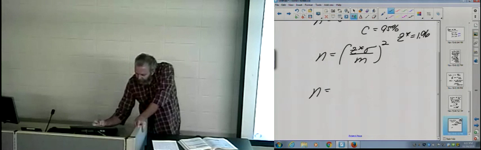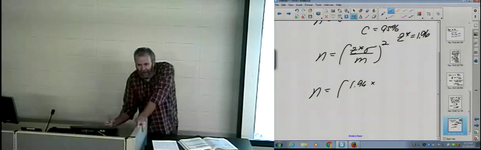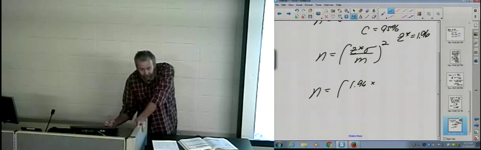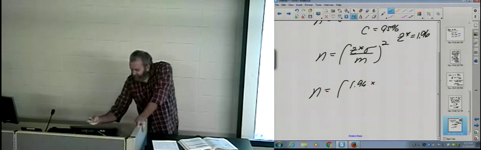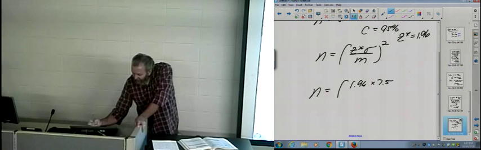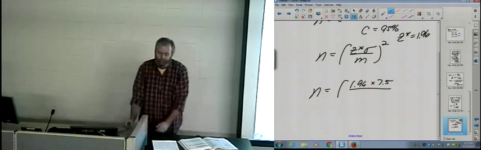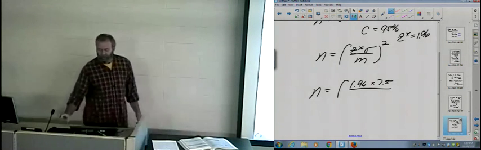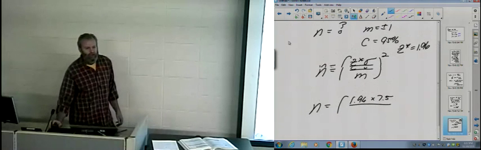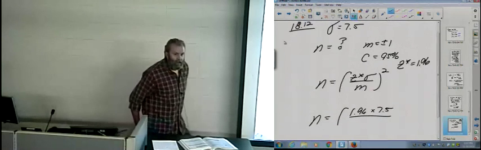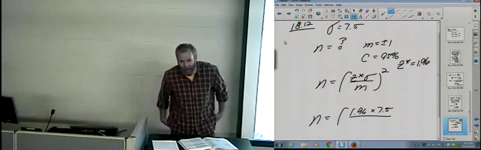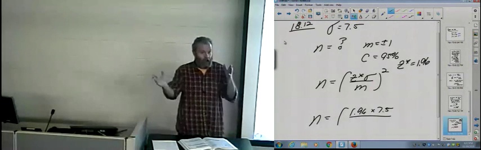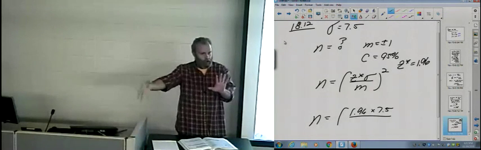You plug that in. n is equal to 1.96, and I'm going to put a little times there, we're multiplying, standard deviation was given to me of 7.5. Okay. Now, look. I wrote this like this for you up here, the margin of error being plus or minus 1. I wanted you to know wherever the plus or minus part is, that's your margin of error. Your confidence interval is your estimate plus or minus your margin of error.